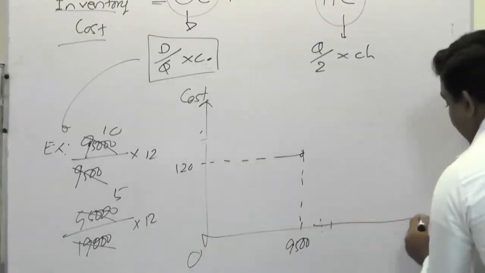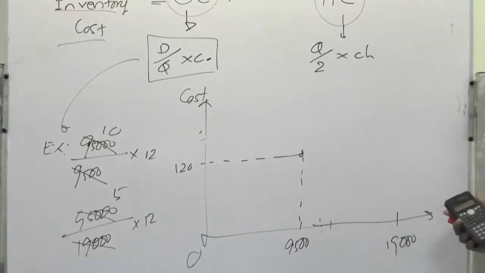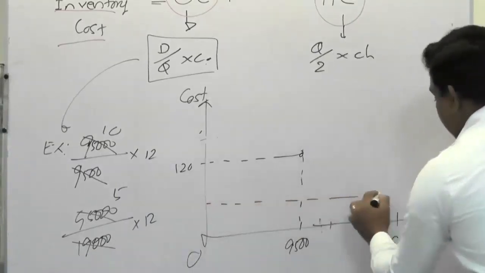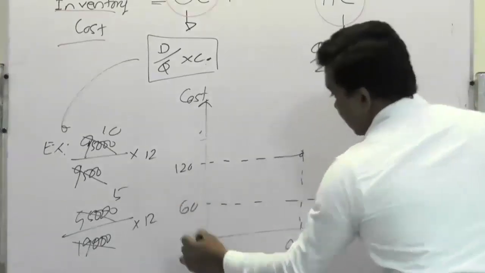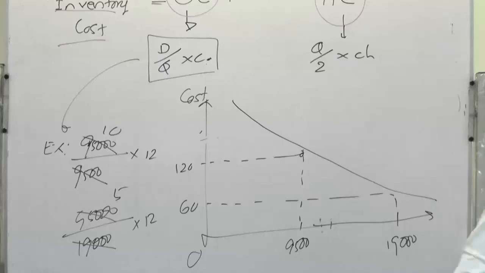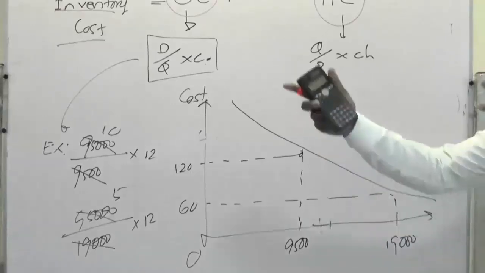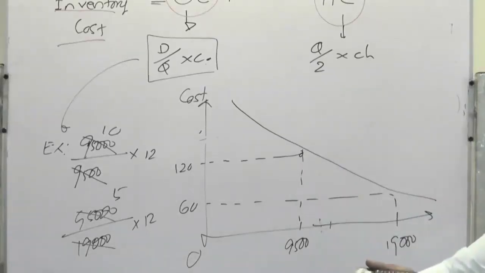Now see, when the quantity increases to 19,000 that you purchase at once, your cost decreases to 60. Therefore, ordering cost behaves like this. Can you see? When the quantity increases, ordering cost will decrease because the number of orders will decrease.